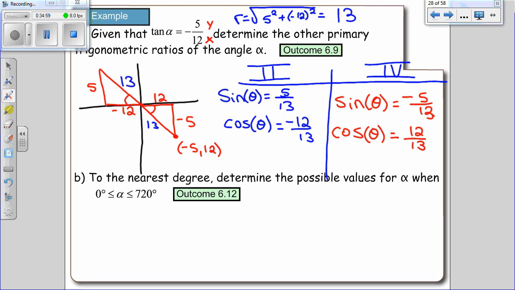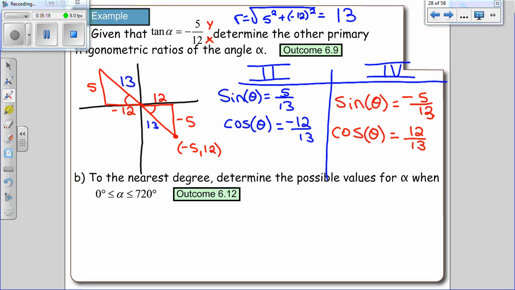You're going to have two situations again. What they want you to do is find the standard position angles. That's not very clear because they reused alpha. They should have called it something different.